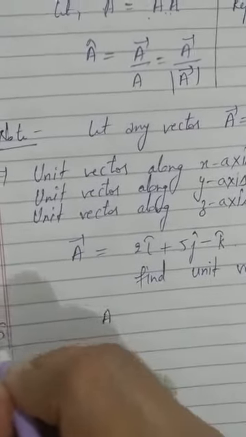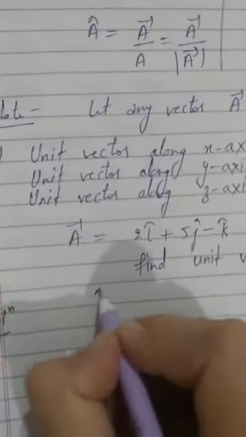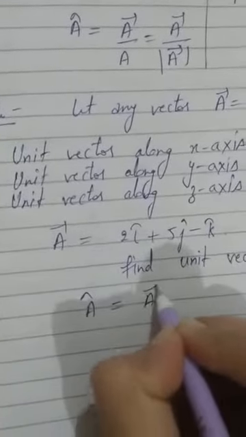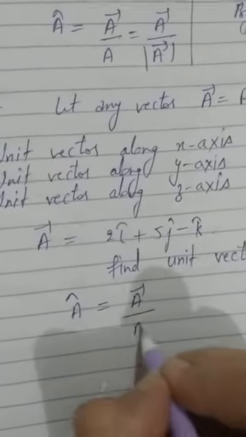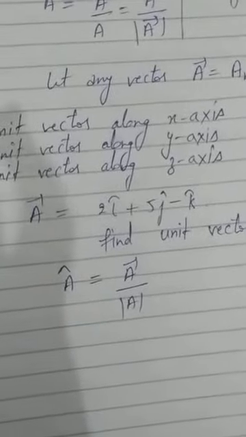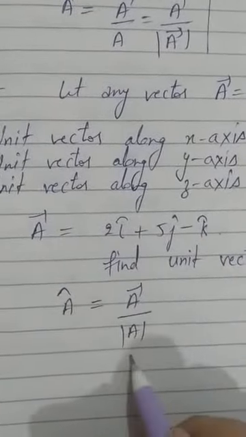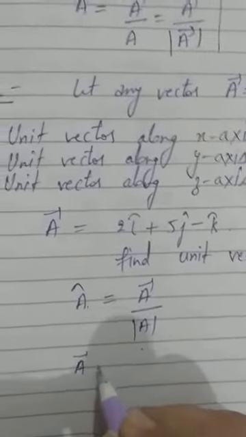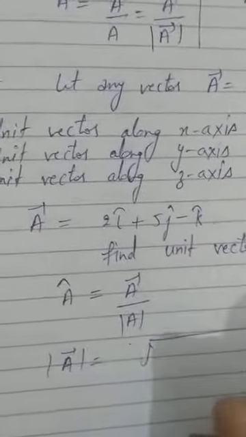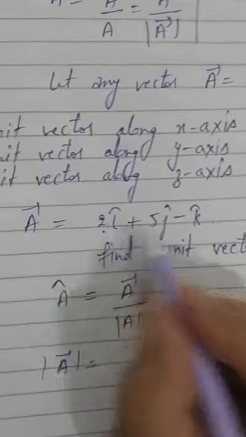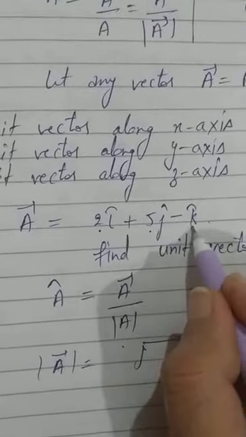Then how can we find the unit vector? Our unit vector is the a vector divided by its magnitude. Now the a vector is already given in your question. First we will find the magnitude of the a vector, and this is how we find it: under root ax square plus ay square plus az square.